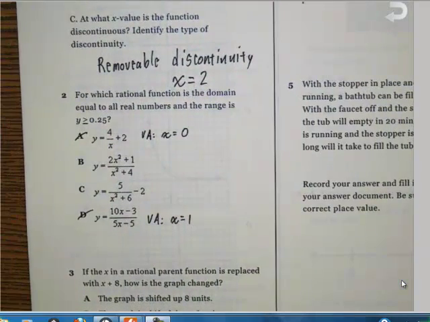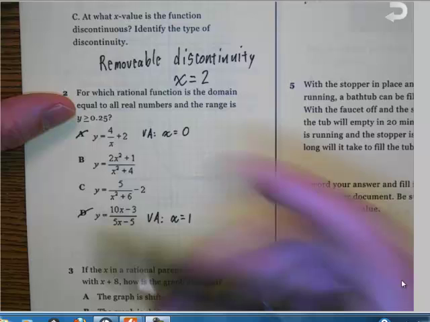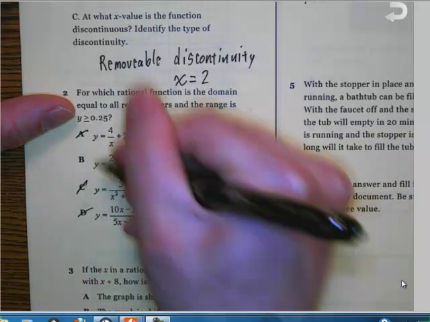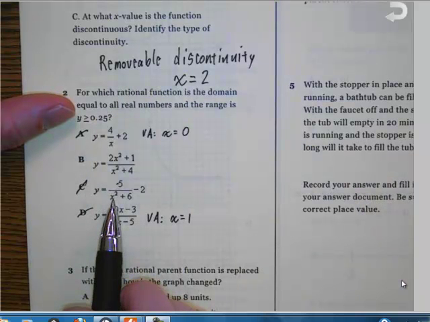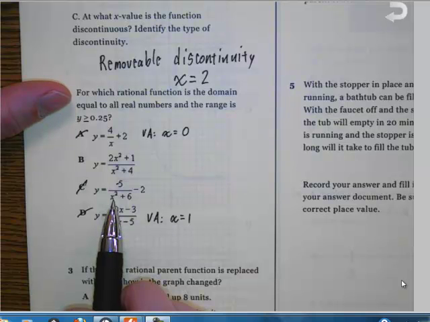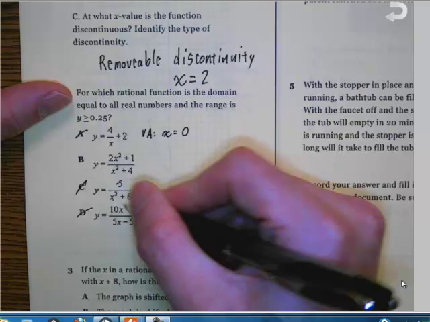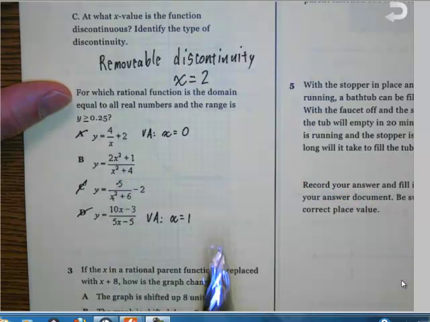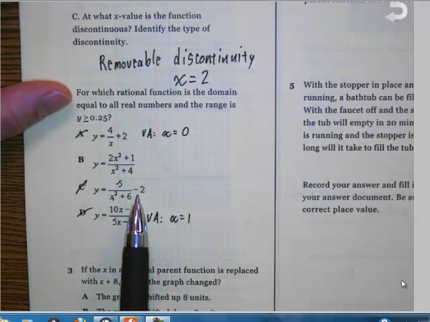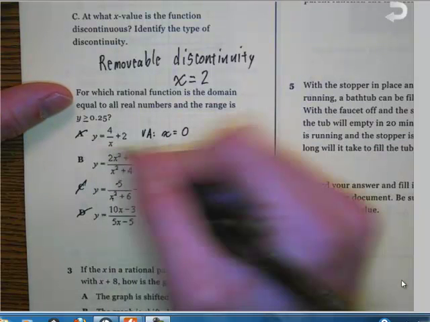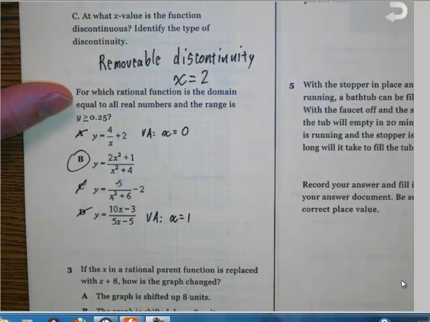The other thing you will notice, so we know it's not C, is that this part has a horizontal asymptote of -2, because the degree of the denominator is greater than the degree of the numerator, and then you have the -2 translation down. So that's why this one doesn't work, and B is the correct response.